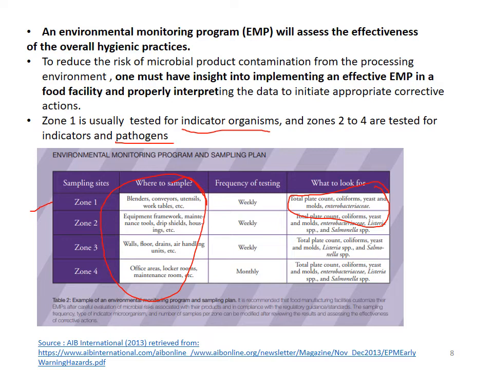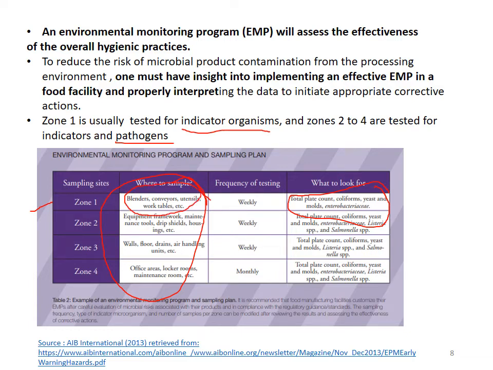Pathogens are for example Listeria, Salmonella, E. coli. Okay, so for zone 1 usually we only conduct the test for indicator microorganisms. Okay, for zones 2, 3 and 4 we also conduct the pathogen test.